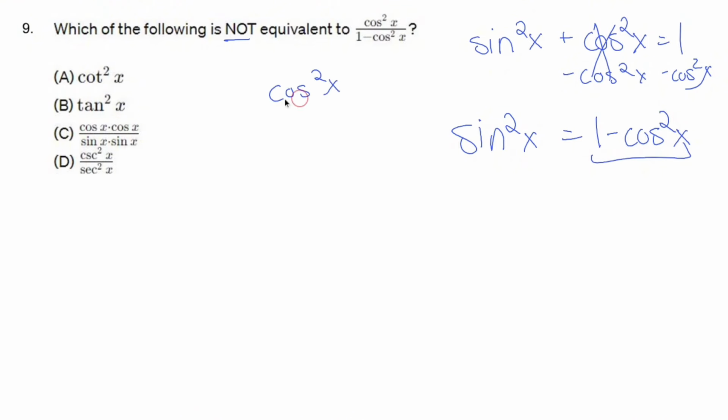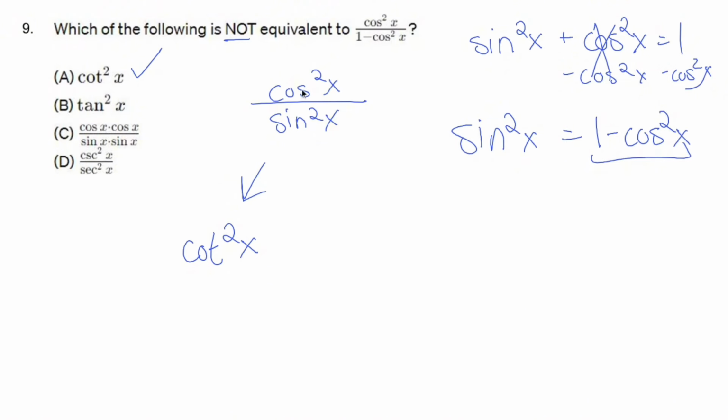I have cos squared x over sine squared x. Okay, so any of these match? No. Oh, but you know what? Cos x over sine x is cotangent. So cos squared x over sine squared x is cotangent squared x. So you are true. So I like you. I'm going to keep you.